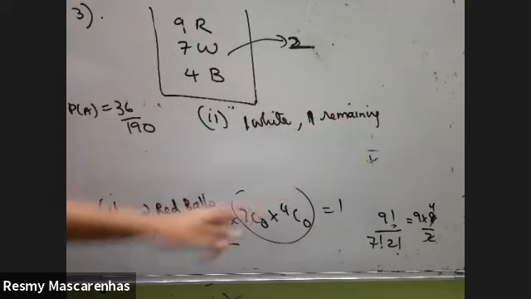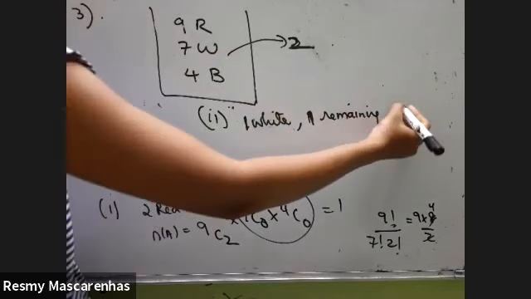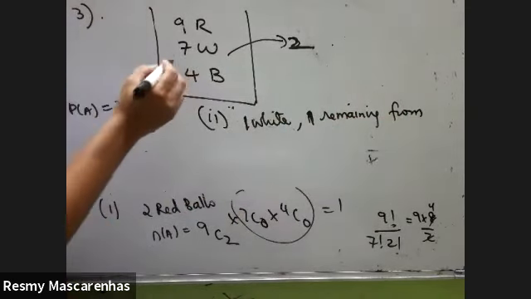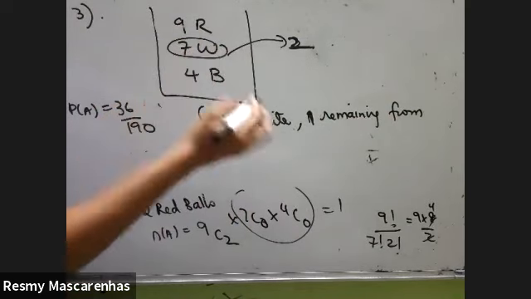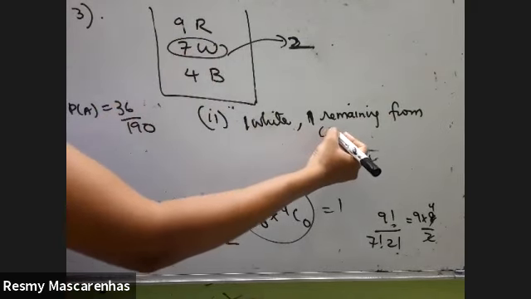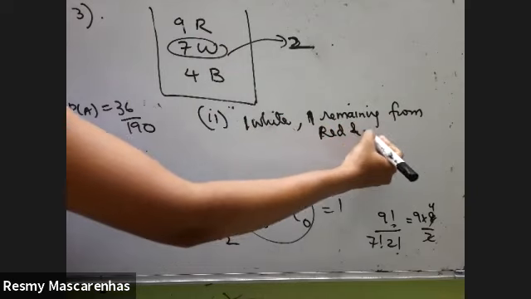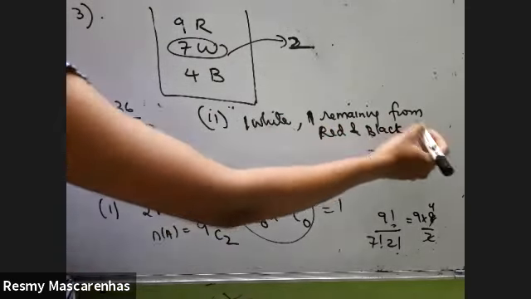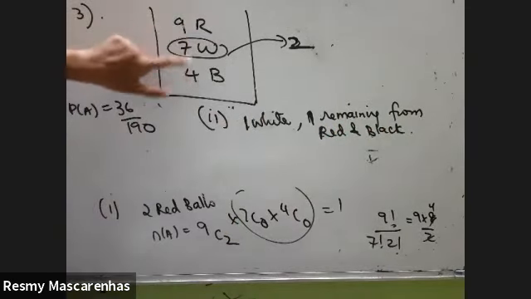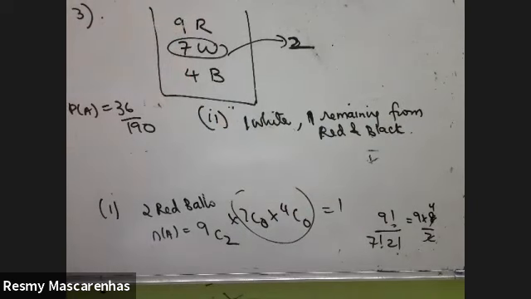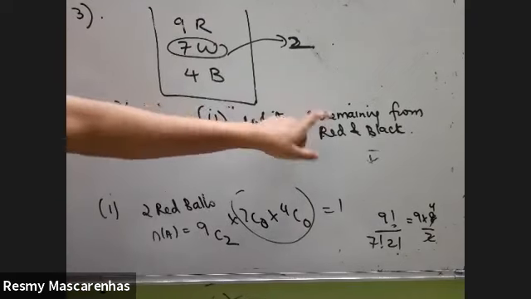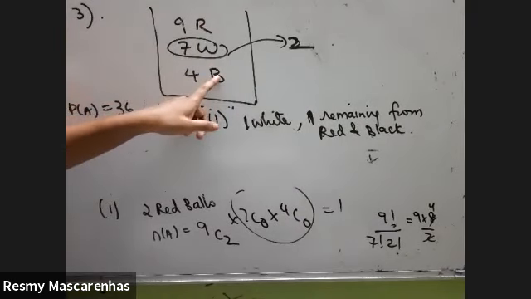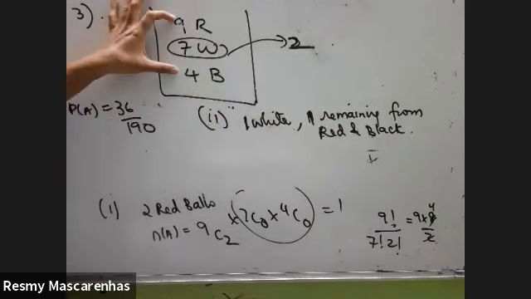So one remaining from, this is done, remaining from red and black. So the remaining could be from these two, because they have not told us the second one has to be red or the second one has to be black. So it could be from both also.